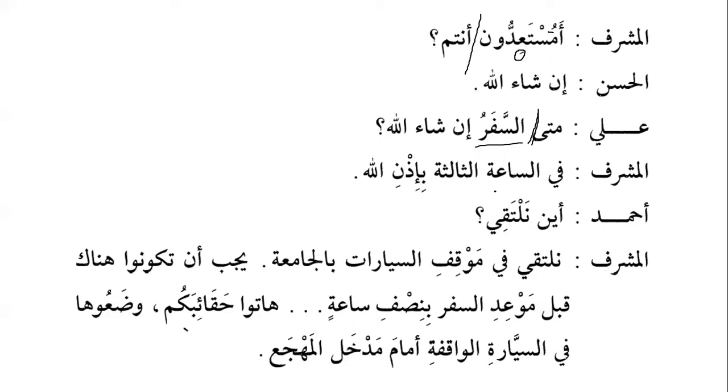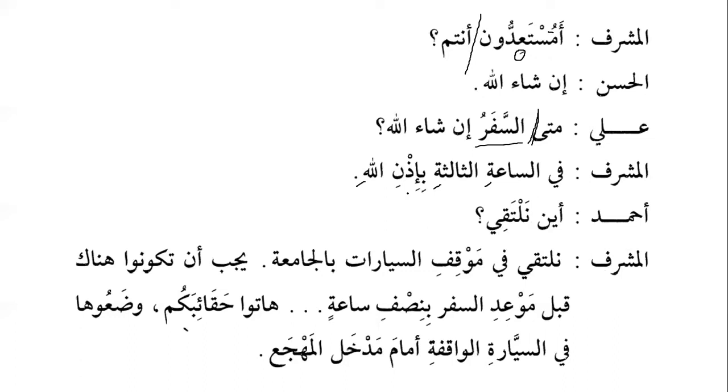Fi as-sa'ati ath-thalithati bi-idhnillah. At 3 o'clock, with the permission of Allah subhanahu wa ta'ala. So fi as-sa'ati ath-thalithati, 3 o'clock. Ba is harf jar. Idhn, as we can see here, is a noun, and lafz al-jalala, as we know already as well.